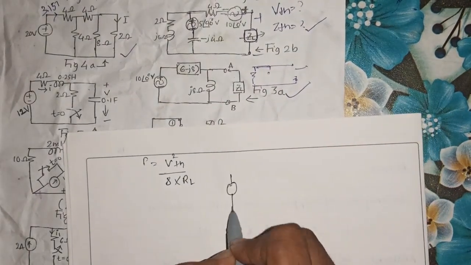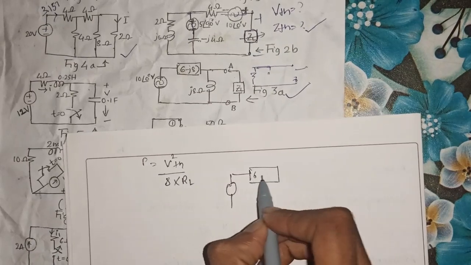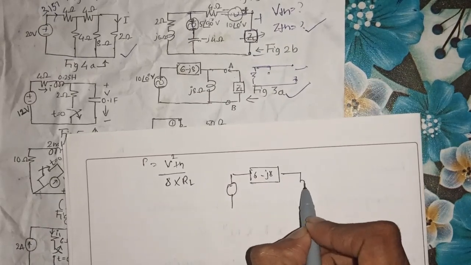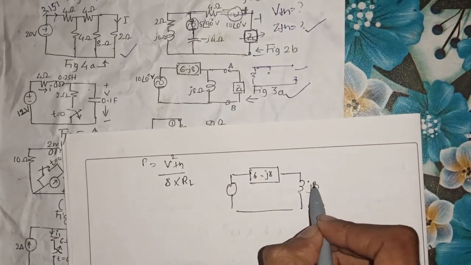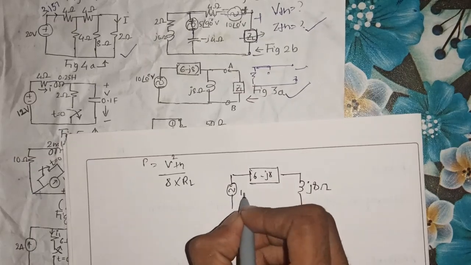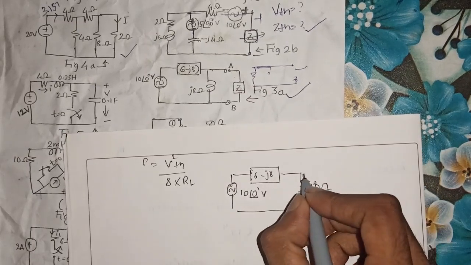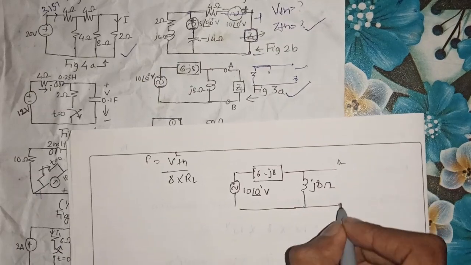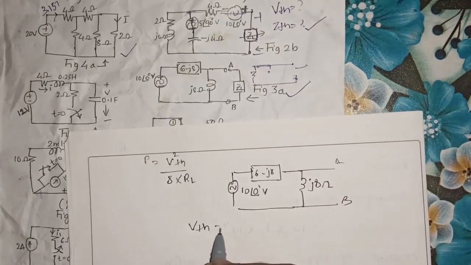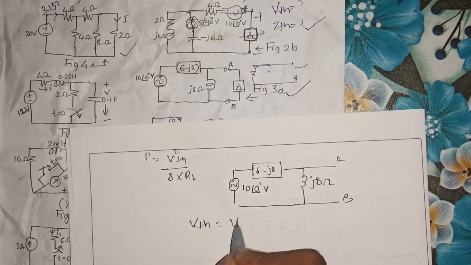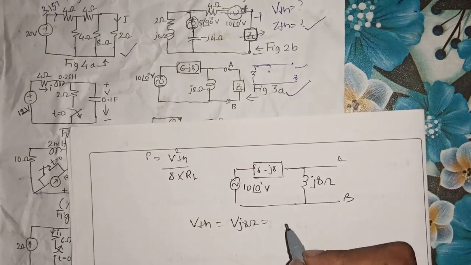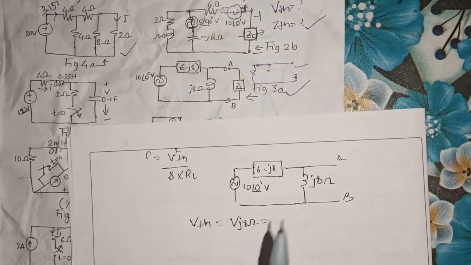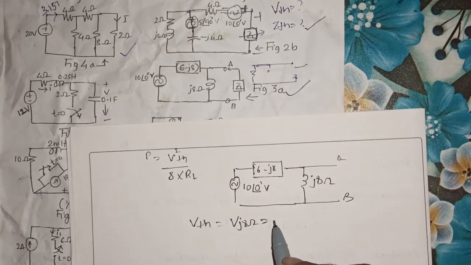In the given figure, we have 6 minus J8, a J8 ohm impedance, and 10 at an angle 0 degree volts. So VTH, which is the voltage across the J8 branch, is obtained by applying the voltage divider rule.